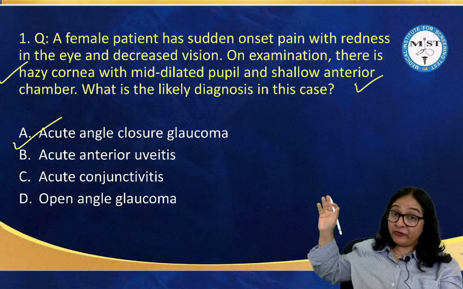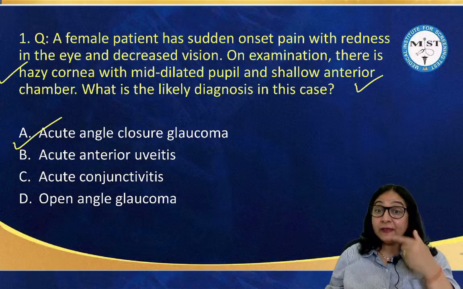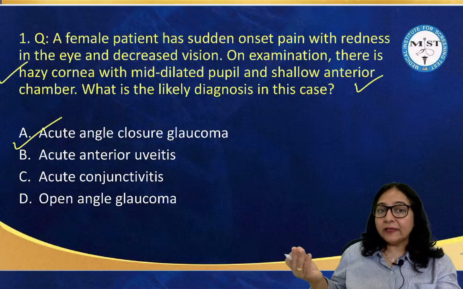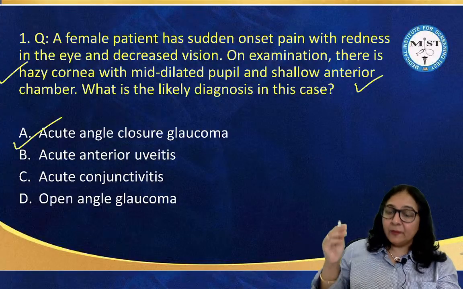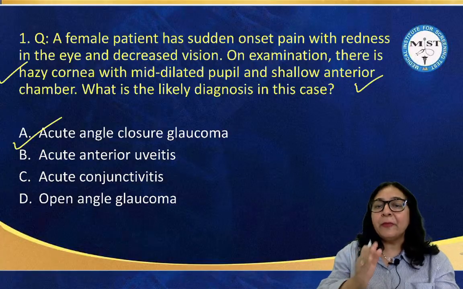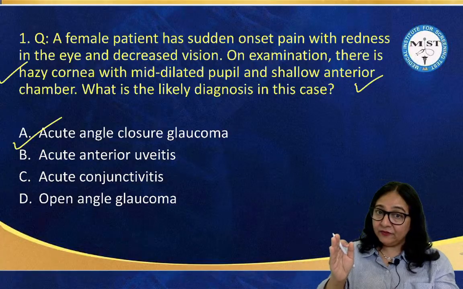Acute angle closure glaucoma. Coming to the other choices which were possibly there, why is it not uveitis or acute anterior uveitis? Because anterior uveitis is another cause of painful red eye with decreased vision.